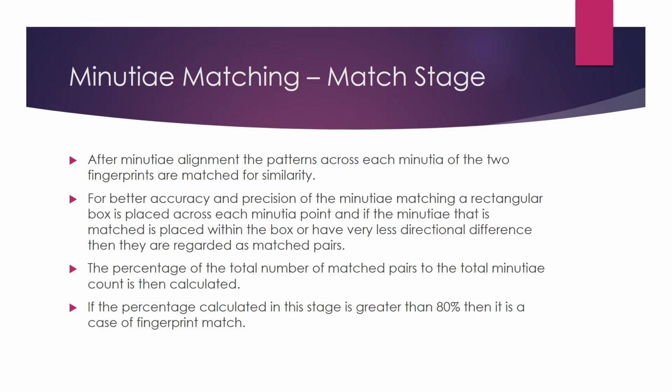After the minutiae alignment, wherein the coordinate axes of both the images are aligned, the patterns across each minutiae of the 2 fingerprints are matched for similarity. For better accuracy and precision of the minutiae matching, a rectangular box is placed across each minutiae point, and if the matched minutiae is placed within the box or has less direction difference, then they are regarded as matched pairs.